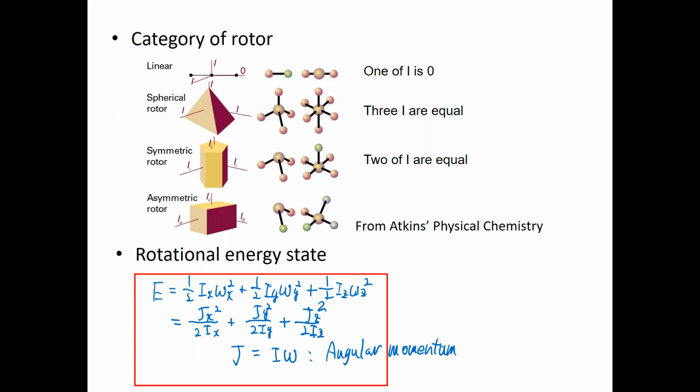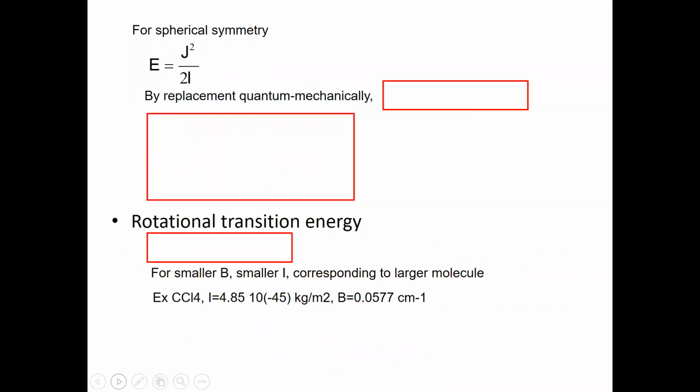So based on this equation, you can calculate the total energy of rotation. I'm going to talk about why we introduced the angular momentum on the next page. So as we see, let's think about a simpler case.